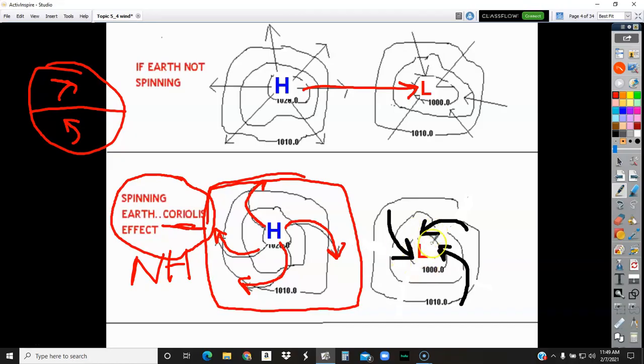A low pressure, which again is a storm: tornadoes are low pressures, hurricanes are low pressures, nor'easters, a big snowstorm, any kind of storm system is a low pressure. The winds always spiral or circulate inward and counterclockwise. So again, focus on a high. As long as you know the winds go out and to the right because of Coriolis, that's out and clockwise. Low pressures go inward and counterclockwise.